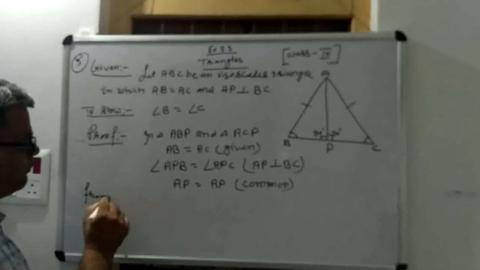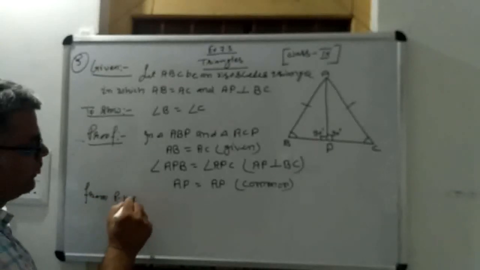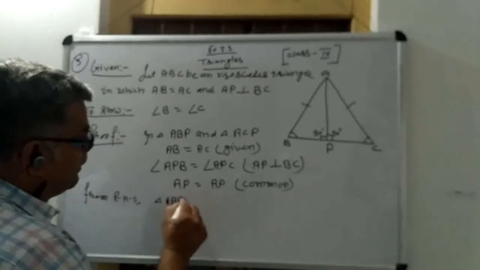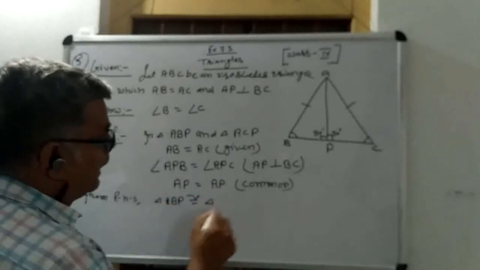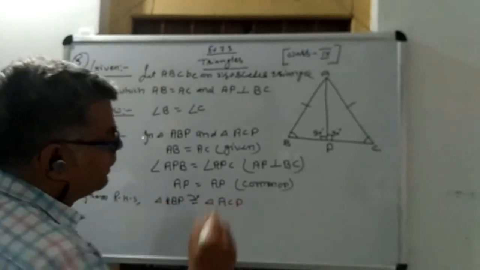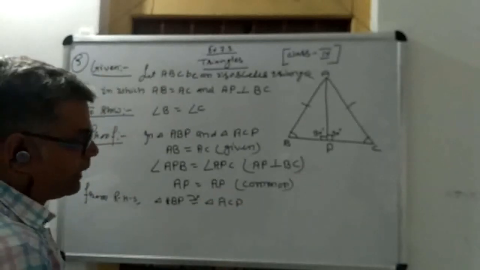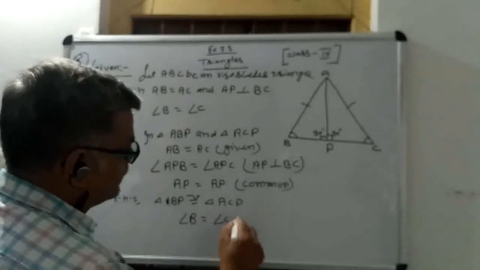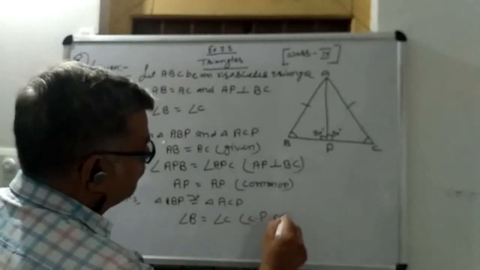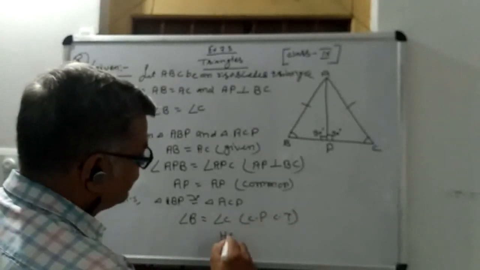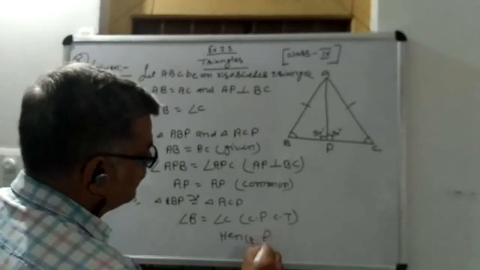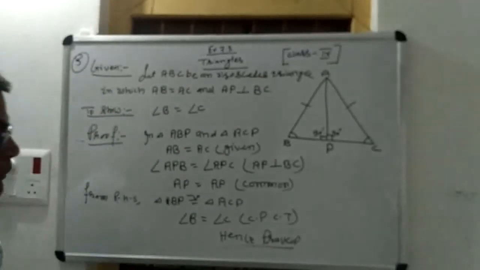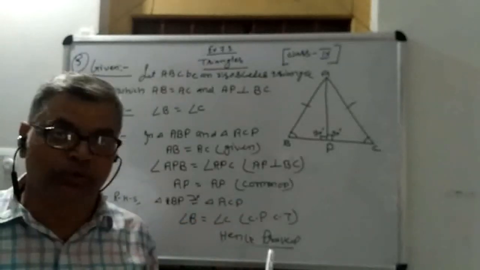From RHS, triangle ABP becomes congruent to triangle ACP. And when these two triangles become congruent, then you can write angle B equals to angle C by the property of CPCT, and hence your result is proved. Hence proved. So in this way, children, you can solve this question.